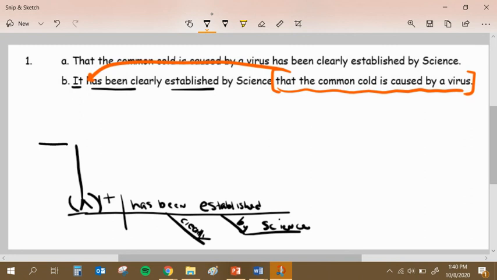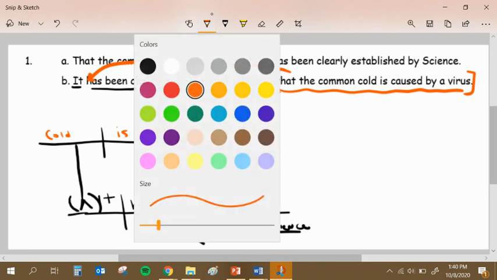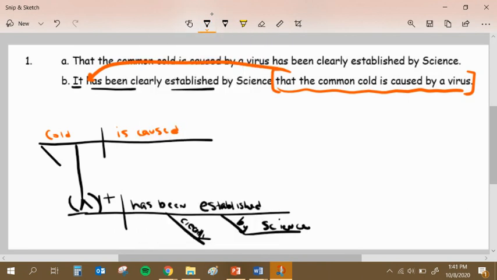And now I'm going to go up on this tree and I'm going to build this sentence, which is the common cold is caused by a virus. So my subject is cold, and then is caused. Well, a passive voice today. And then I'm going to take on it's the cold, common cold, and then I'd say by virus, a virus.